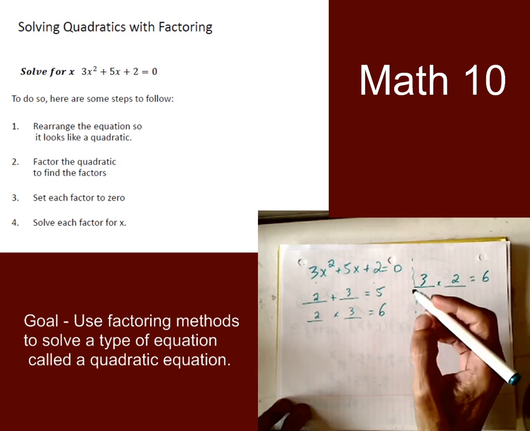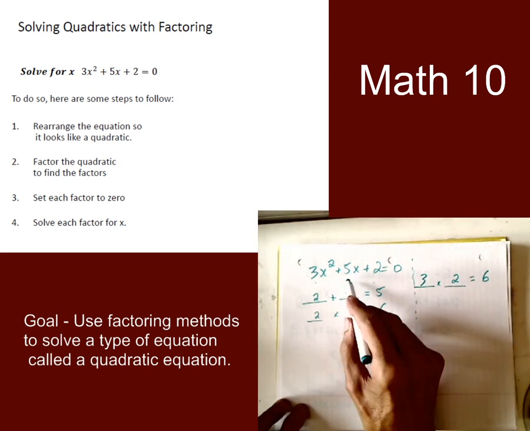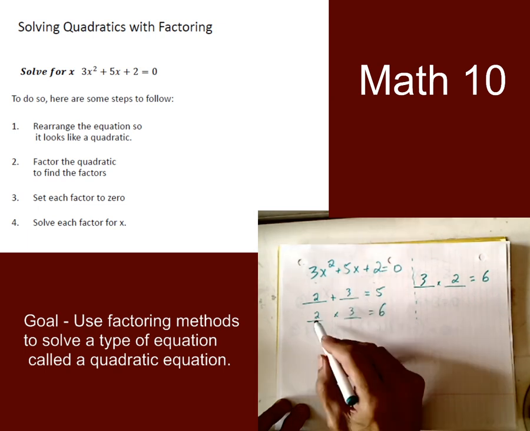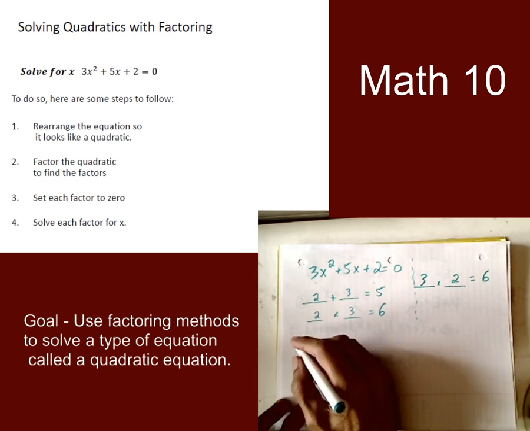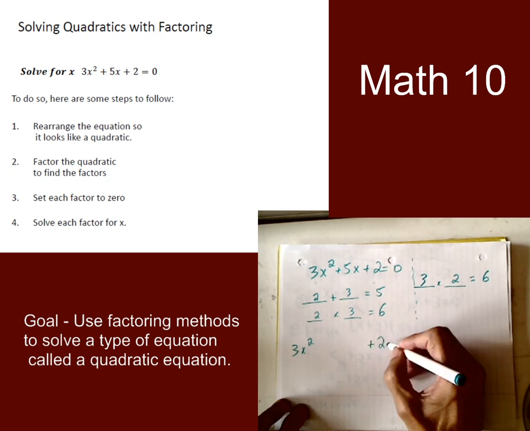So, reminder, what do you do with them? You use these two numbers to replace the 5x. So watch. 3x squared stays the same. Plus 2 stays the same. Equals 0 stays the same because that's the question.